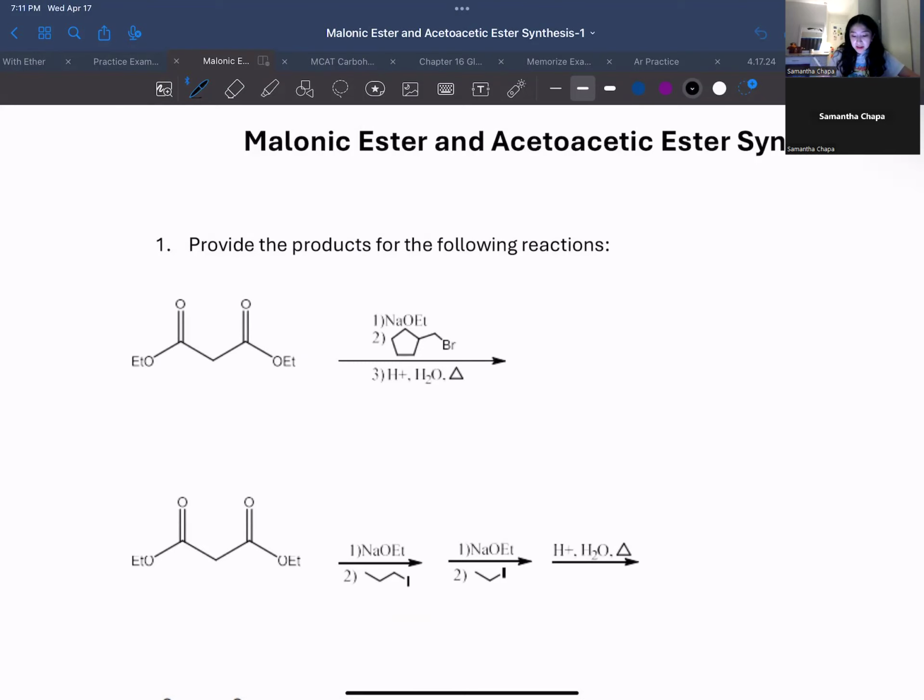So step 1, NaOEt, that is our base, and our base is going to look for our most acidic proton. Our most acidic proton is going to be the one that I just drew out because it's in between two electronegative groups, and because if you turn this into its conjugate base, it's very stable.